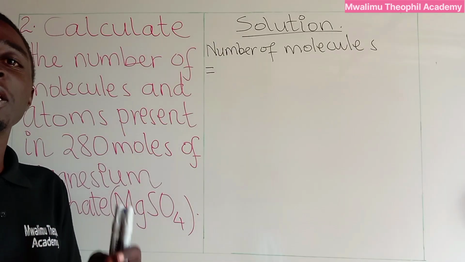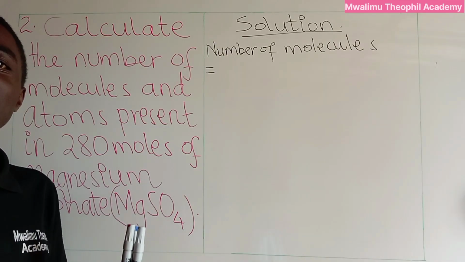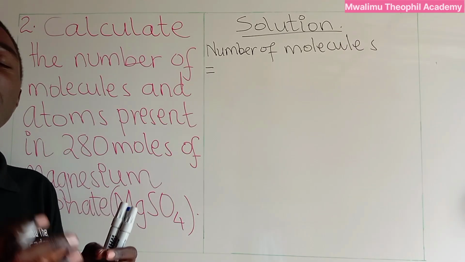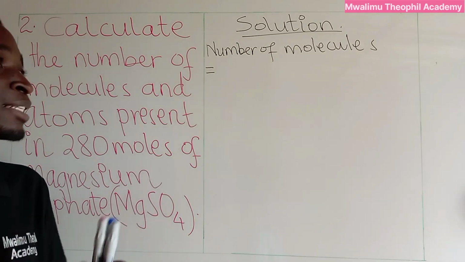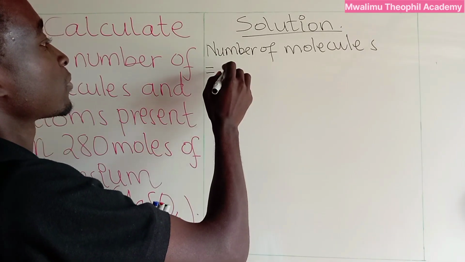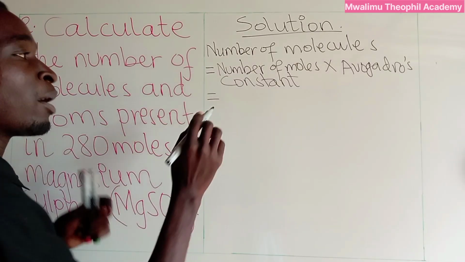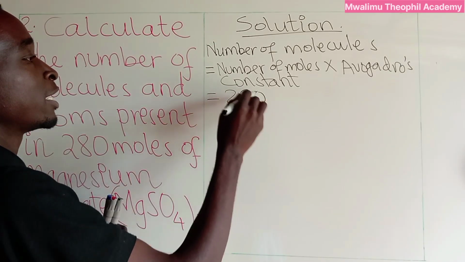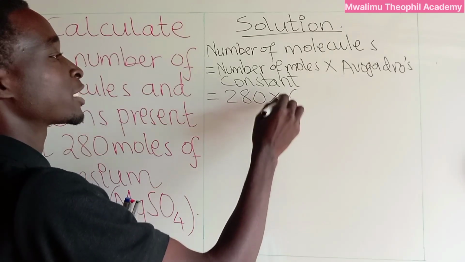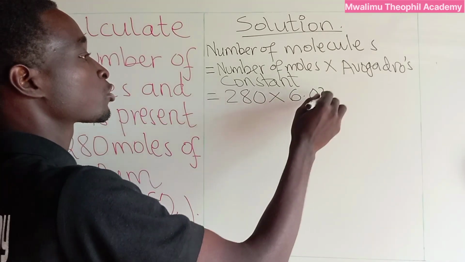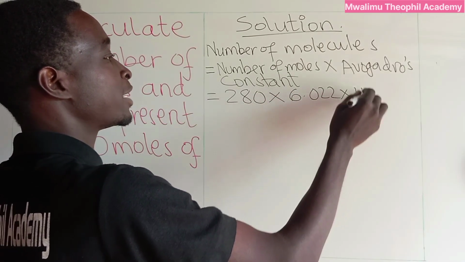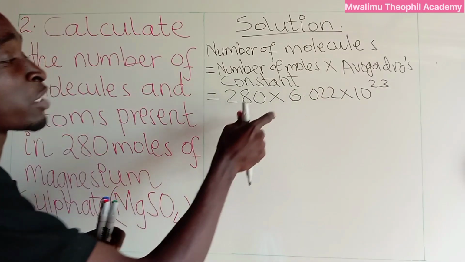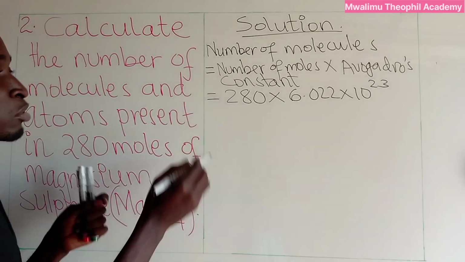You have to know that to get the number of molecules after being given the number of moles, you should take the given number of moles times Avogadro's constant. This is equal to the number of moles given, which is 280 moles, times Avogadro's constant, which is 6.022 times 10 raised to 23. Now, after multiplying this, we're going to get the total number of molecules.